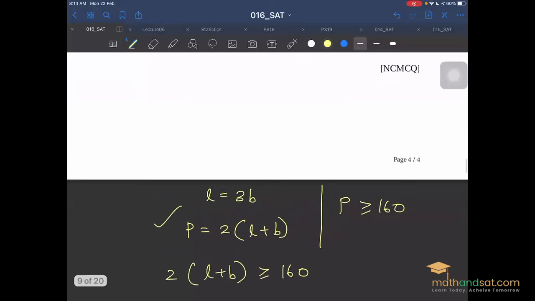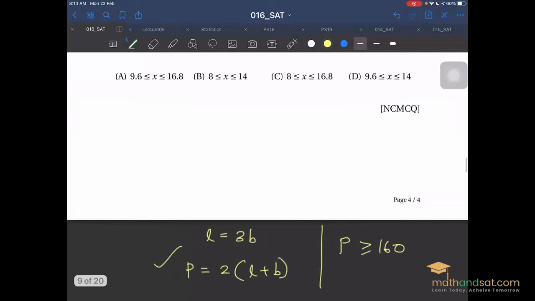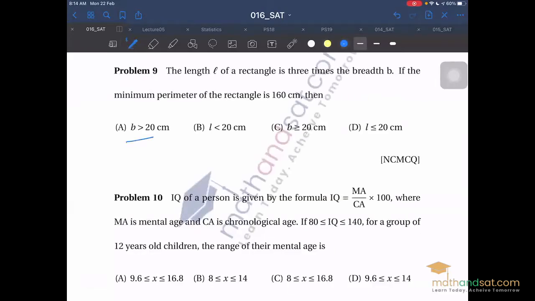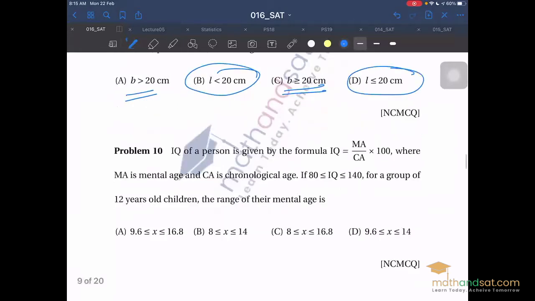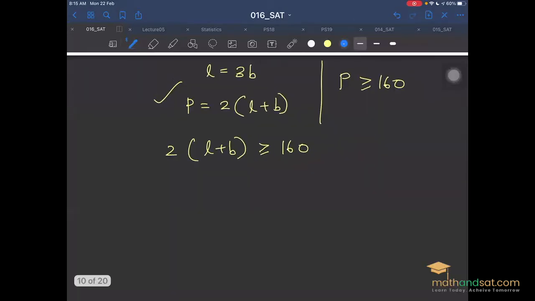Now look at the question, look at the options. 2 options talk about the inequality applied on B, and the other 2 options talk about inequality applied on L. So let us see both ways.